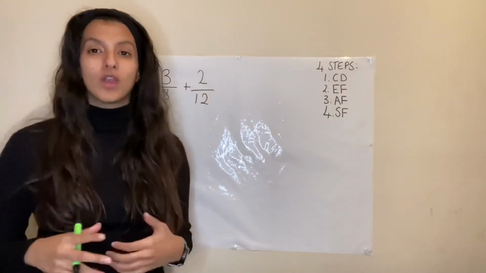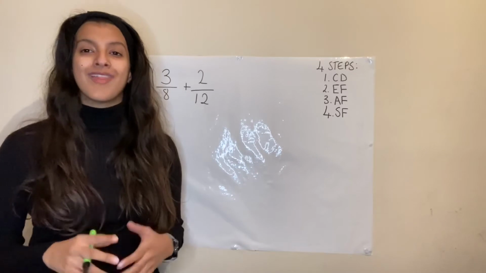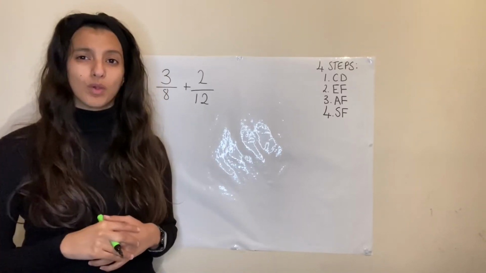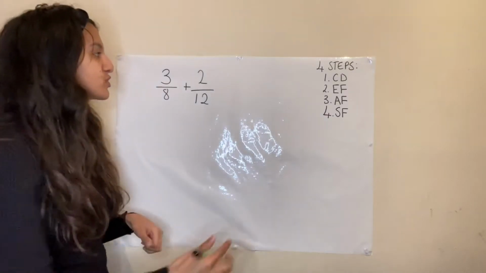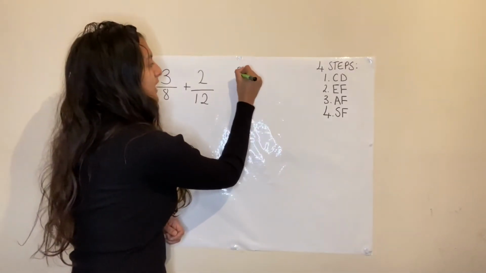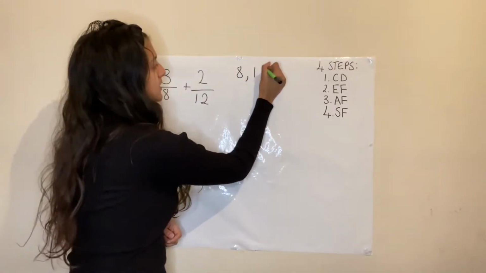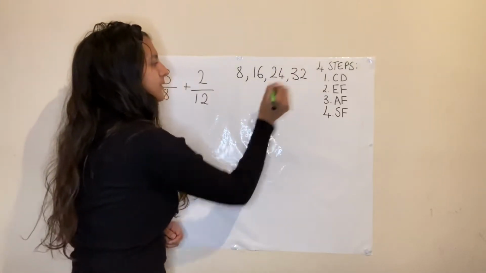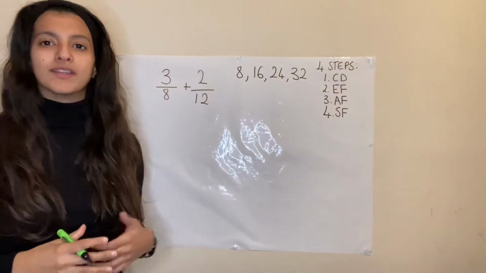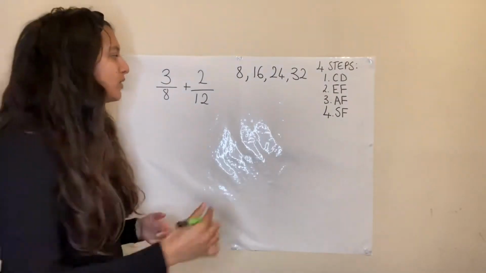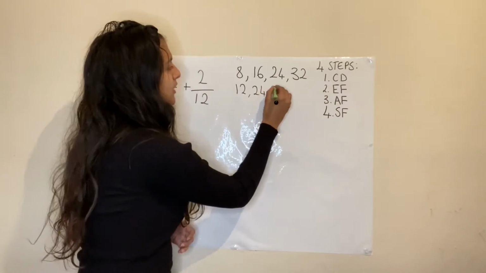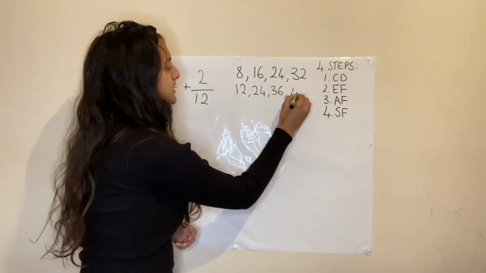Now, the way that we're going to do this is we're going to find out the lowest common multiple between both of these numbers. So we're going to write down all the multiples of 8. So we've got 8, 16, 24, and 32. Next, we're going to write down the multiples of 12, which are 12, 24, 36, and 48.